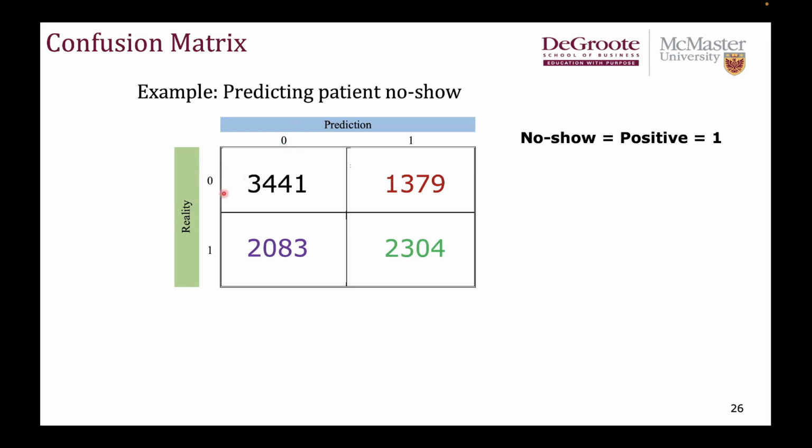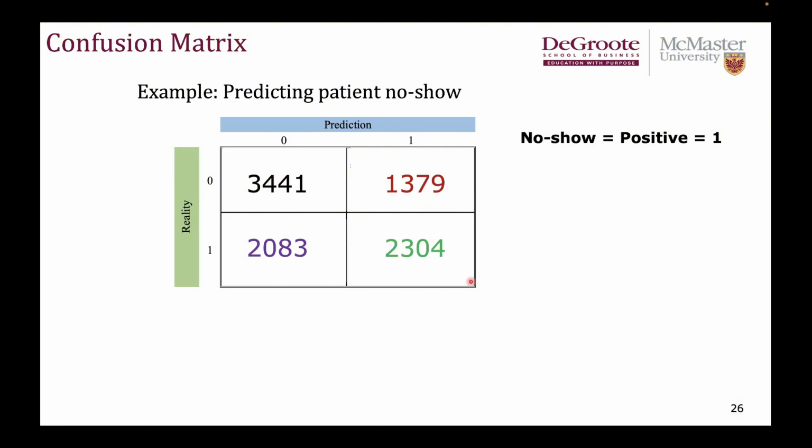And in reality, they are indeed zeros. They indeed showed up. So this is something we sometimes consider a true negative. You predict them to be negative values, which is that patients show up, and in reality, they indeed show up. If you see a large number for this entry, it's good, because it's a true negative. You are correctly predicting some patients to be zero, to be shows.